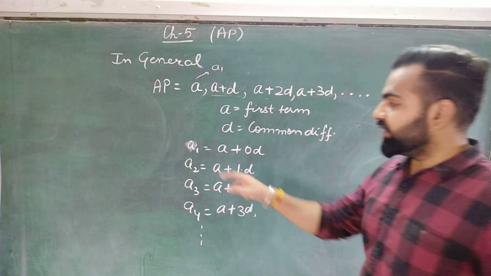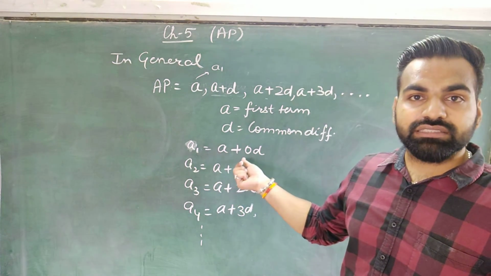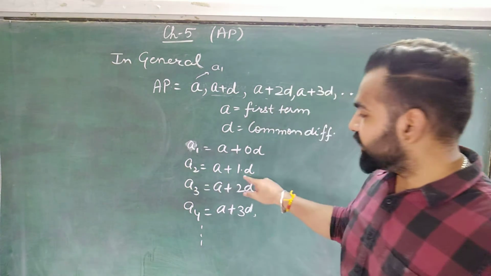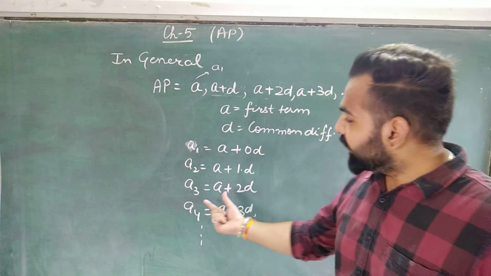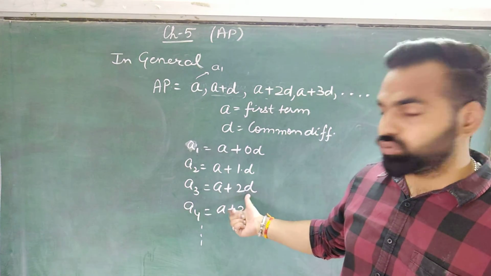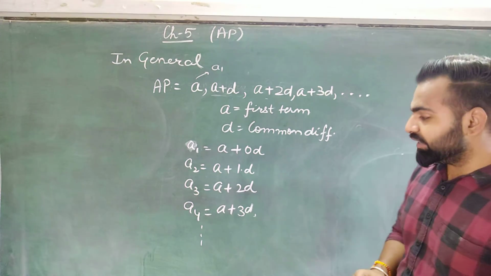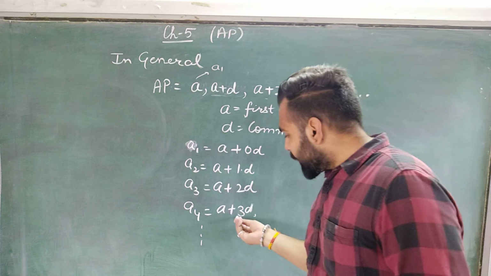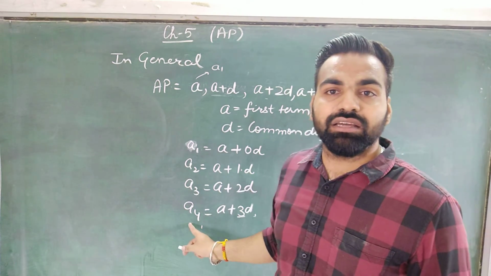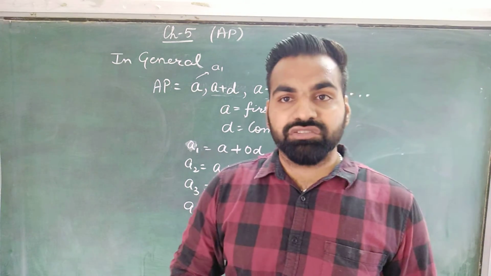Now see that if we are talking about the first term, then the coefficient of d is 0. If we are talking about the second term, then the coefficient of d is 1. For the third term the coefficient is 2, and for the fourth term the coefficient is 3. So here we can see a relation: the number which appears as the coefficient of d will be 1 less than the number of the term we are talking about.